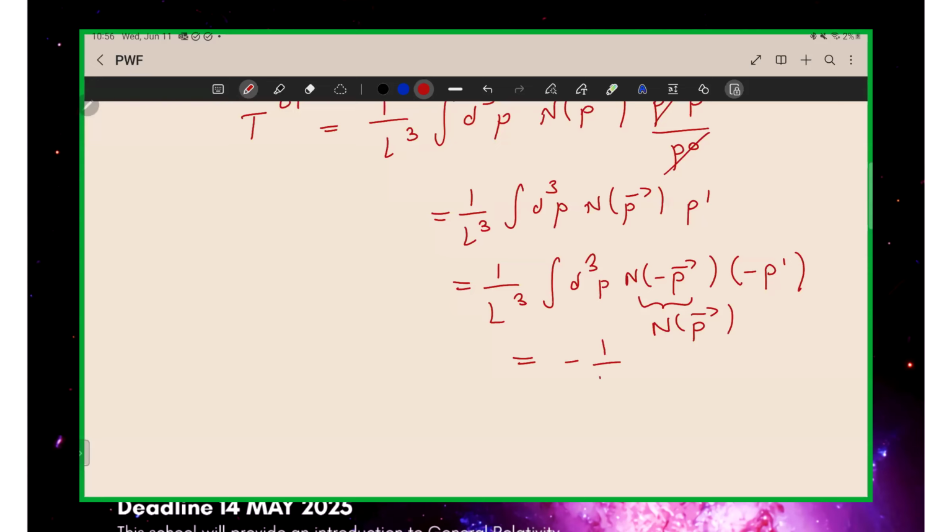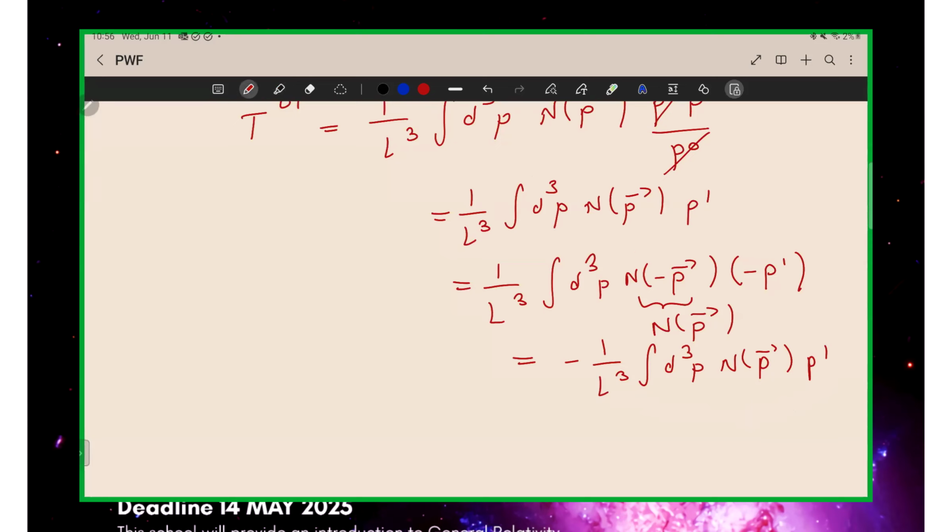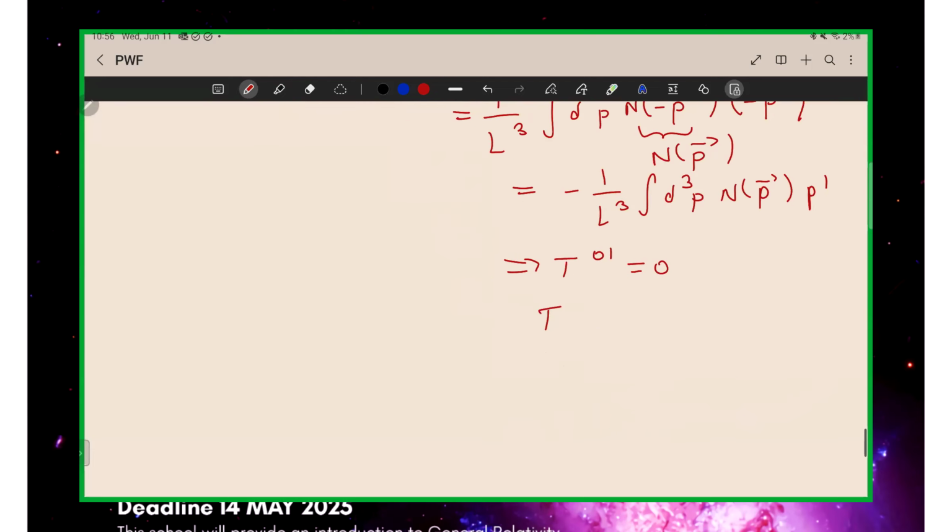So this integral is just the negative of itself, which means that it should be 0. So T^{01} is 0, and similarly you can show that T^{02} and T^{03} are 0.